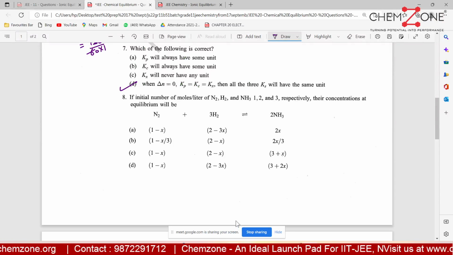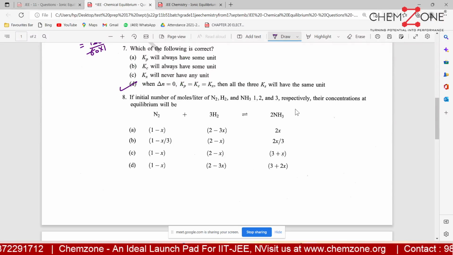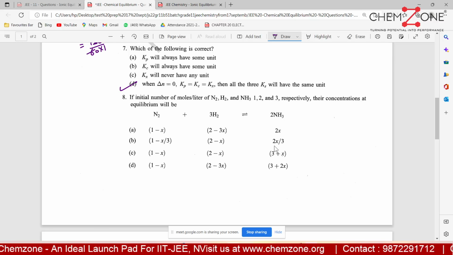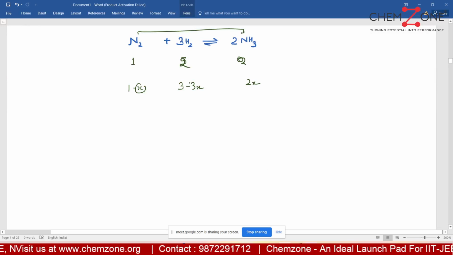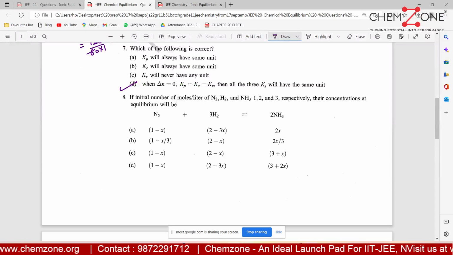But in the question, I think they said 1, 2, 3 moles are given respectively. Okay, fine. 1, 2, 3 moles are already given in the question.